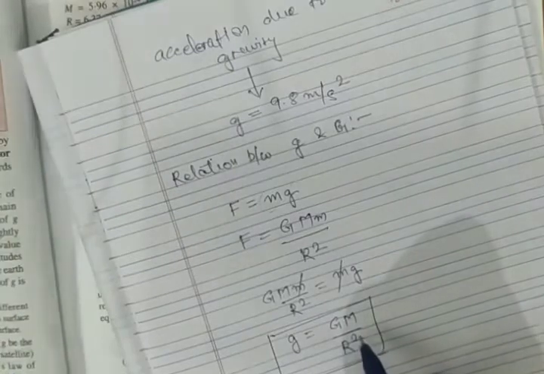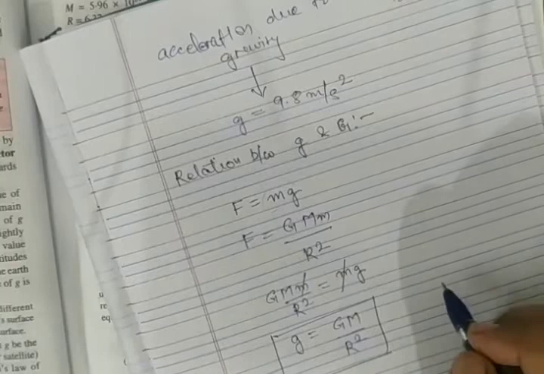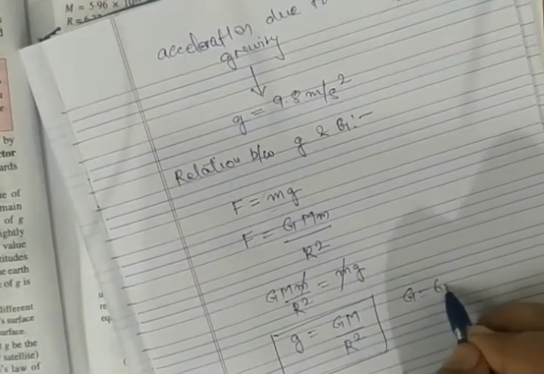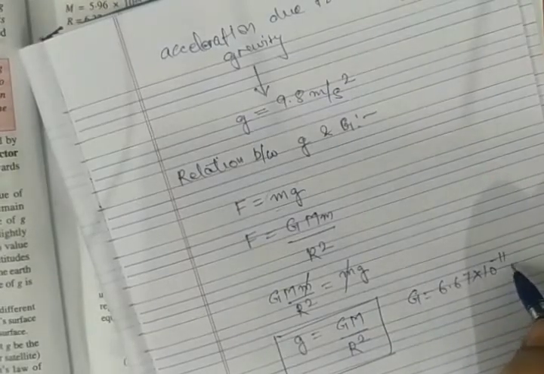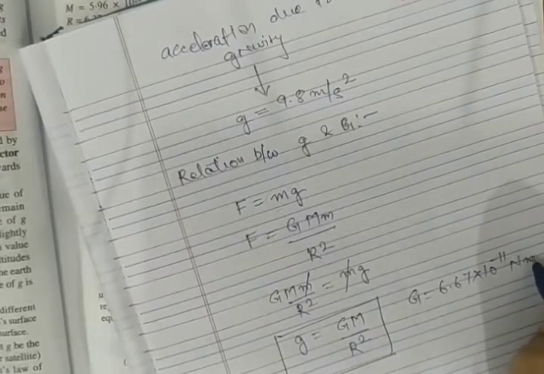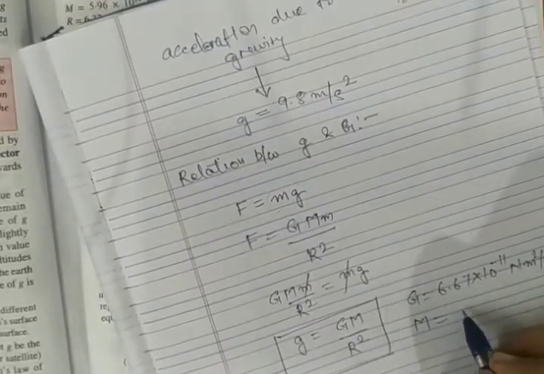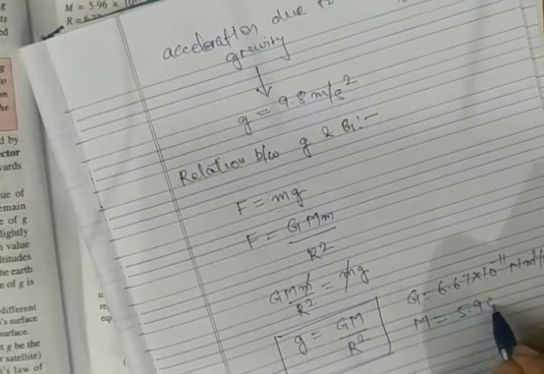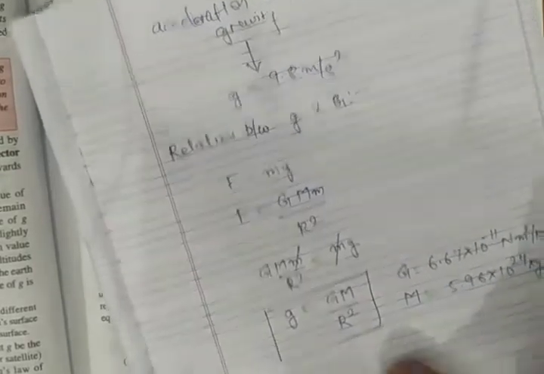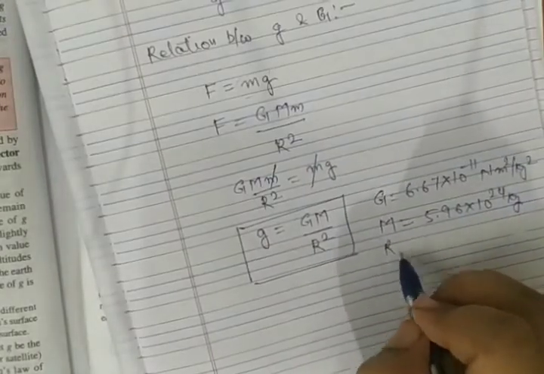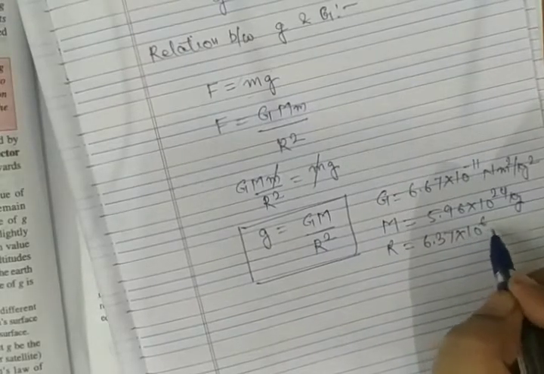If you put all the values here, you know the value of G, you know the value of M, right? I have told you G is equal to 6.67 into 10 to the power minus 11 Newton meter square per kg square, and capital M, the mass of earth, is 5.96 into 10 to the power 24 kg, and R, the radius of earth, is 6.37 into 10 to the power 6 meter.